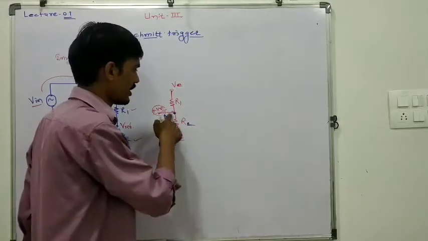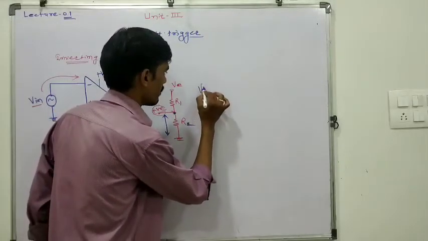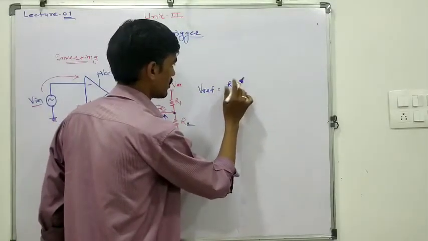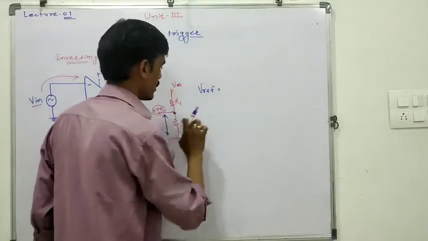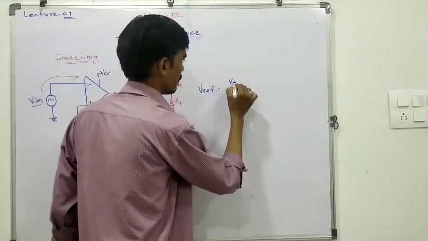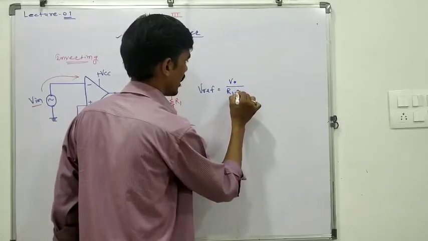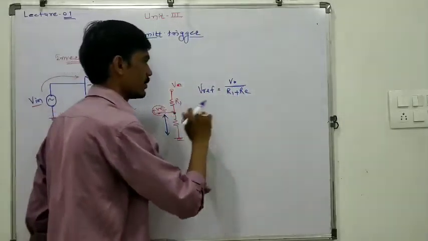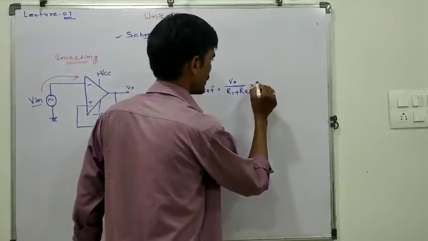And how is it calculated? But what is the total voltage? The voltage is VO divided by R1 plus R2, and we need to calculate the voltage across R2.